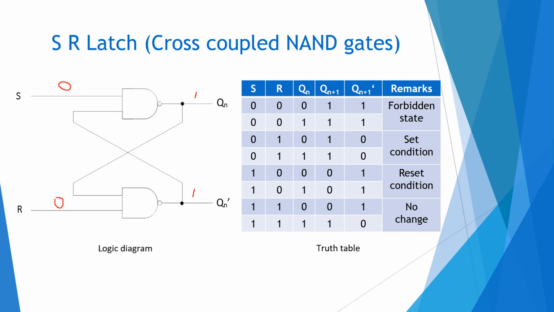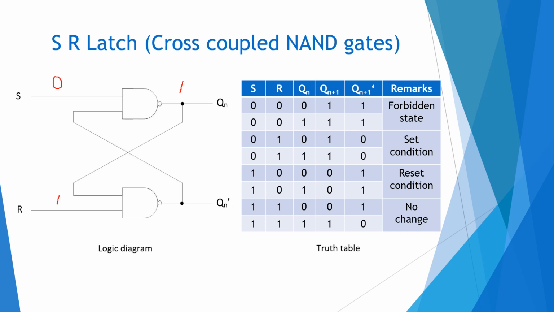Now let us see another condition, when S is equal to 0 and R is equal to 1. This is an active low input. When S is equal to 0, one of the inputs is 0, so the output of the NAND gate will be 1.